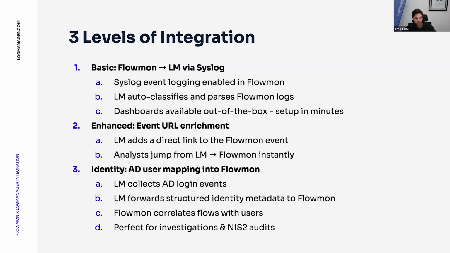And the third layer of integration is mapping user IDs onto IP addresses seen in Flowmon. So most companies have some identity authentication services like Active Directory, and they can manage accesses within one system.